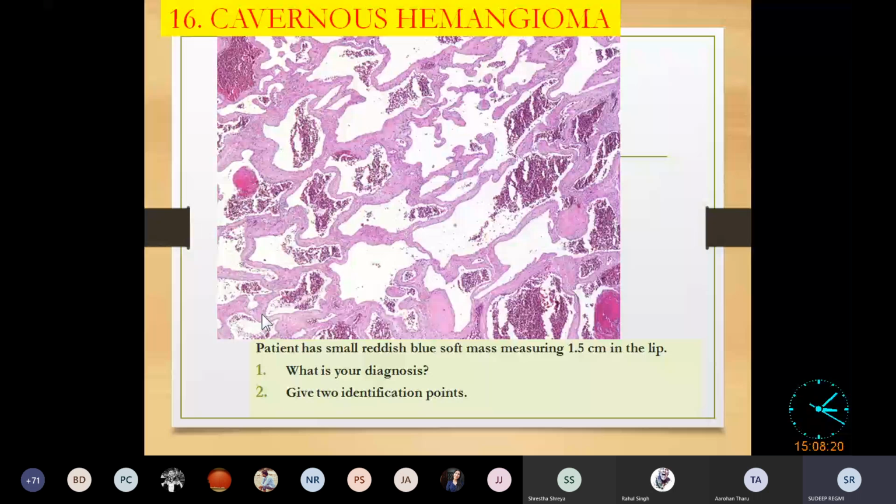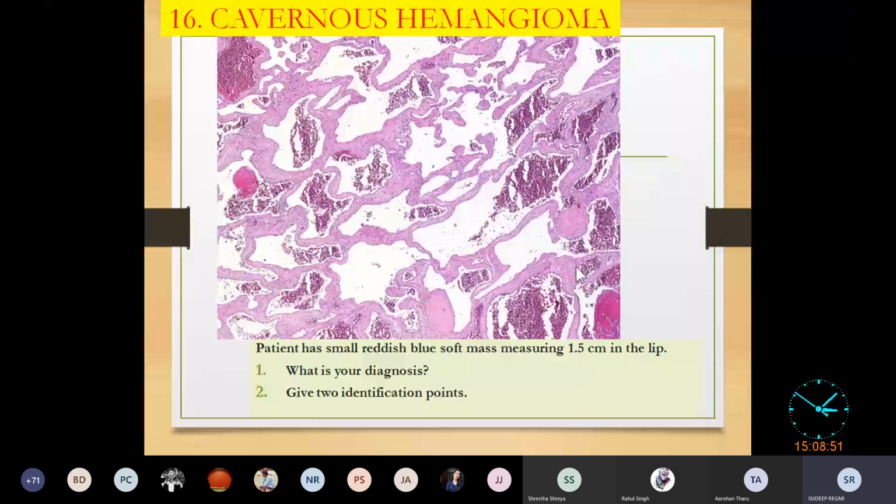But what is the size of the blood vessels? Large. There are dilated vascular spaces. If you see here, large vascular spaces are seen containing RBCs, and the intervening stroma is scant.